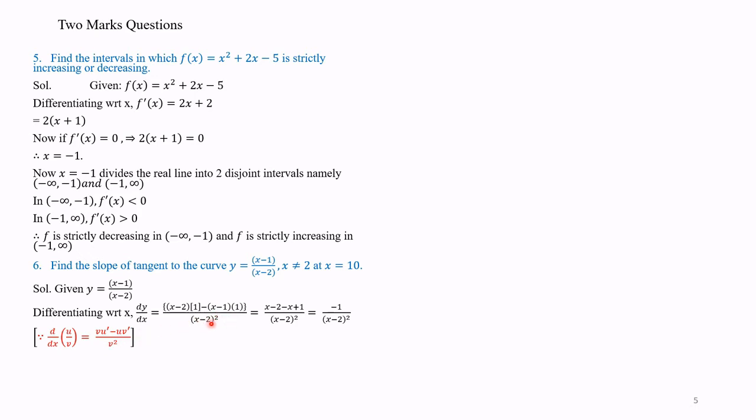Simplifying, we get minus 1 by x minus 2 whole square. Therefore, the slope of the tangent is given by the first derivative, dy by dx at x equal to 10. Putting x equal to 10, we get minus 1 divided by 10 minus 2, that is 8 square. Therefore, the slope is minus 1 by 64.